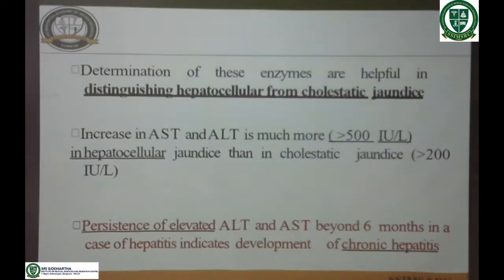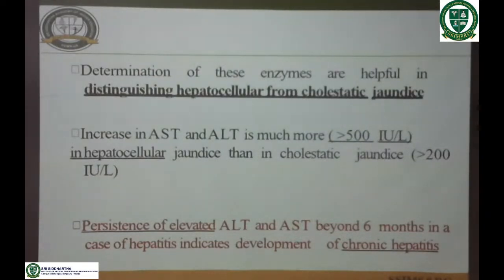As I said initially, to differentiate cholestasis from hepatocellular disorders, these transaminase enzymes help us distinguish between the two. In hepatocellular jaundice, AST and ALT will be much more than 500 units per liter. In cholestatic jaundice, the AST concentration will be more than 200 IU per liter.